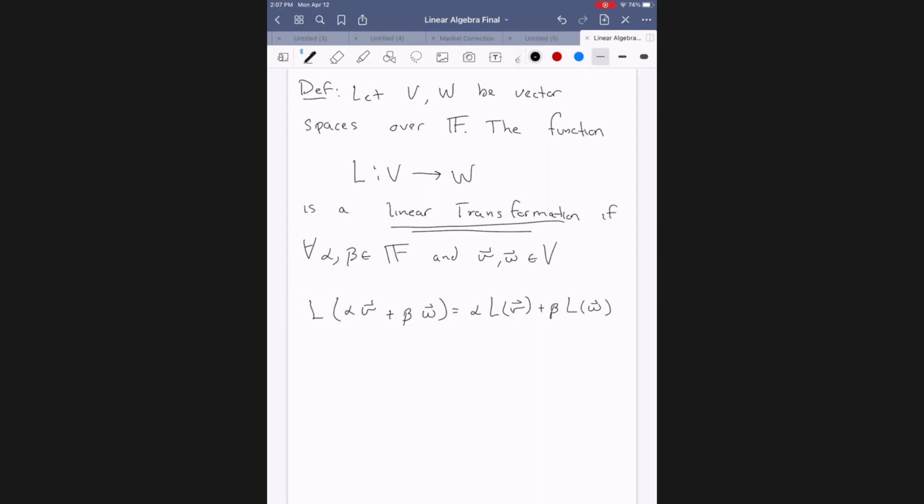Okay, so literally, L distributes. If the rule that you come up with does this, then it's called a linear transformation between two vector spaces.